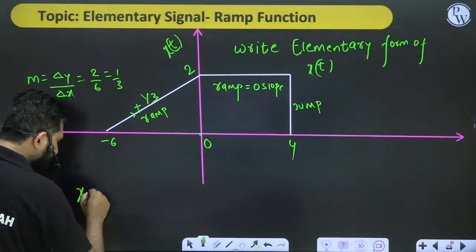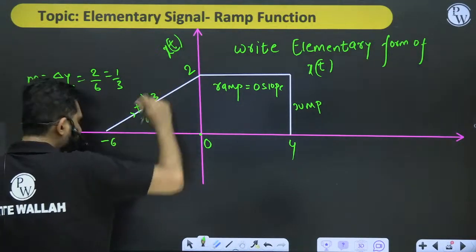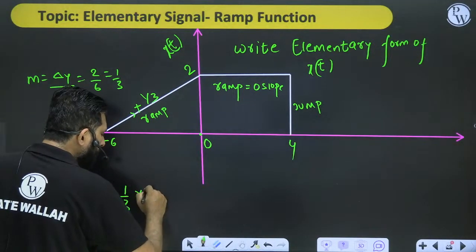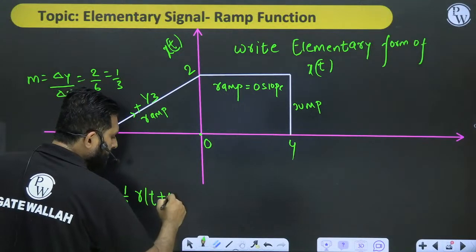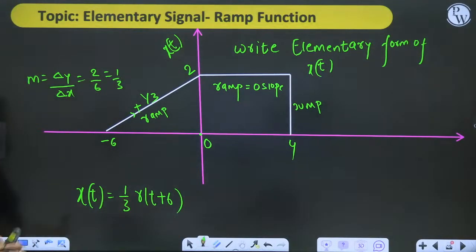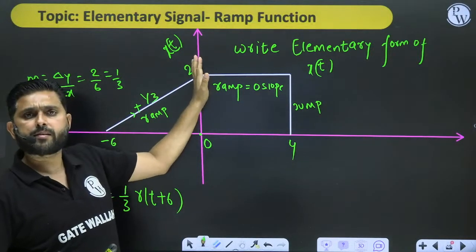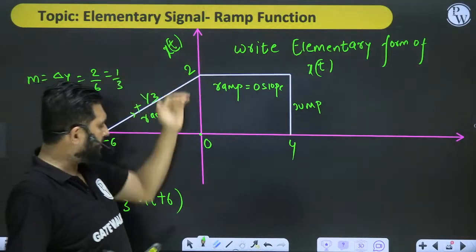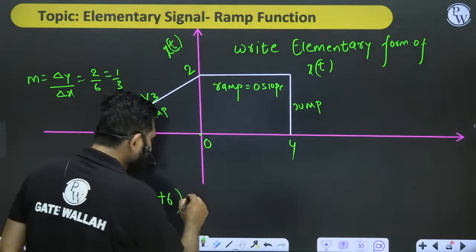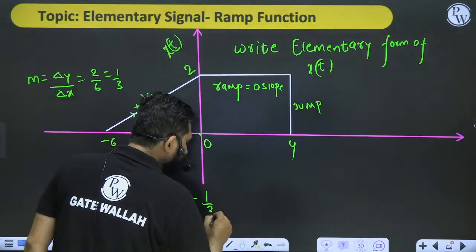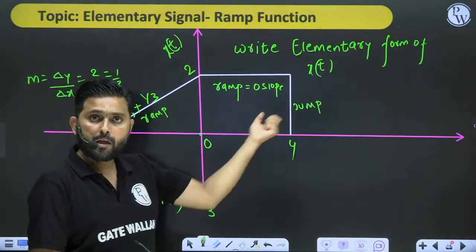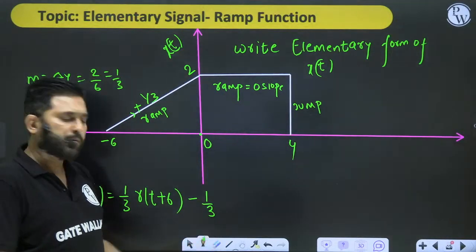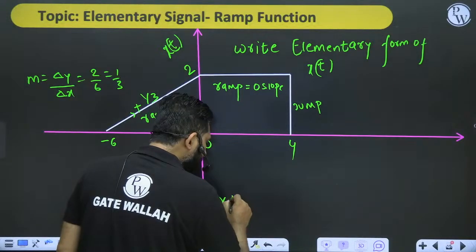How will you write? See, x(t) can be written as, first write 1 by 3 of r(t+6), and this will go on till this one. Then you have to cancel this ramp, so this should be minus 1 by 3 with the same, you have to make it 0 slope. If earlier slope was plus 1 by 3, to make it 0, what will you do? Minus 1 by 3 r(t).